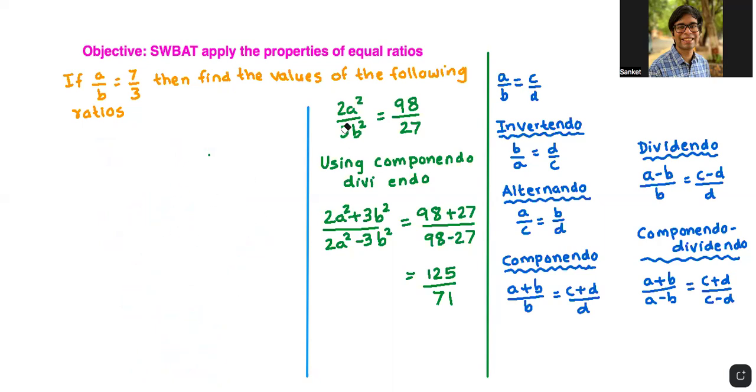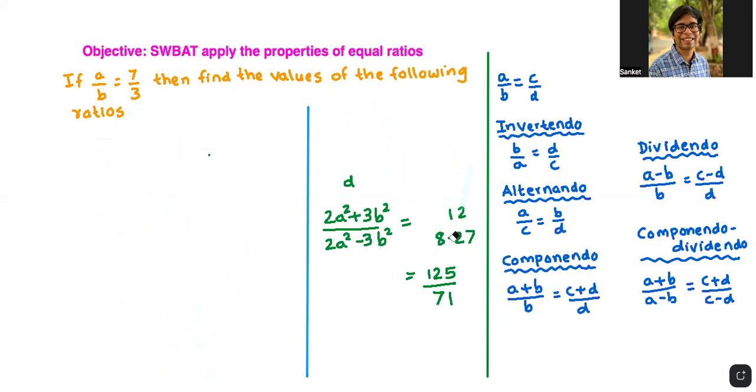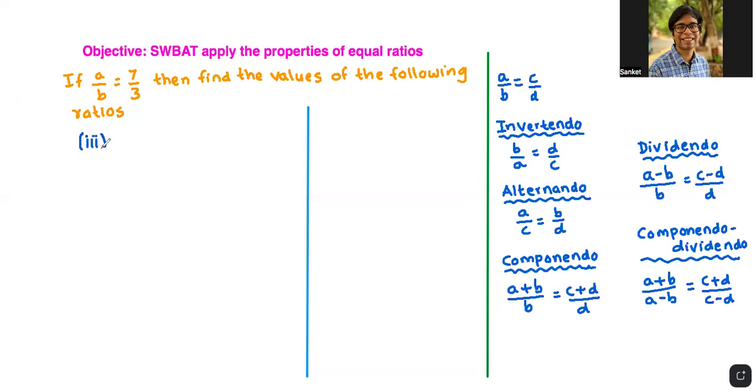Now we are again going to start with the same ratio. A upon B is equal to 7 upon 3. But this time, we need to find the value of A cube minus B cube upon B cube.